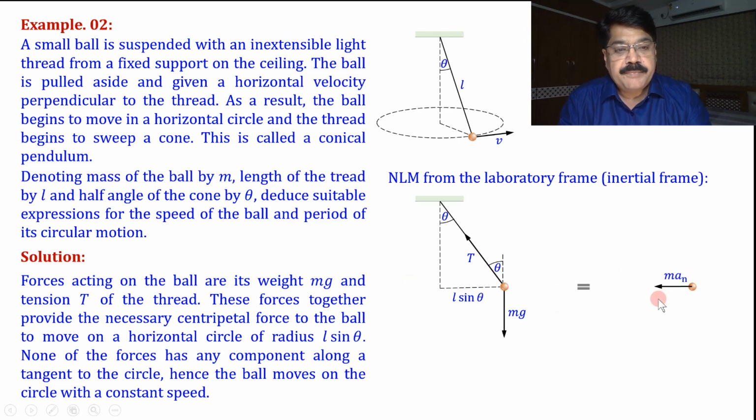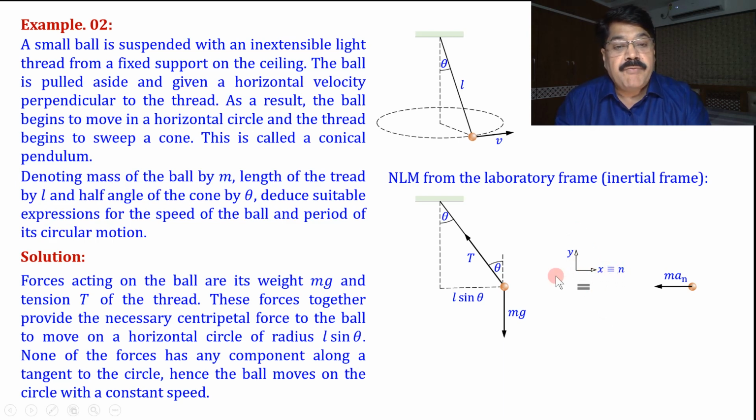So we draw this effective force Man. Now we have to assume coordinate axes. Here, the normal direction is this way, but what is this other direction? It is not tangential, so we call it y. Here, the tangential direction is perpendicular to the plane of the figure, but none of the vectors are in the tangential direction, so no need to show the tangential axis. So here the coordinate axes are y vertical, and x equivalent to the normal axis.